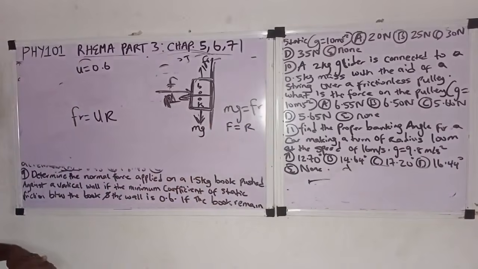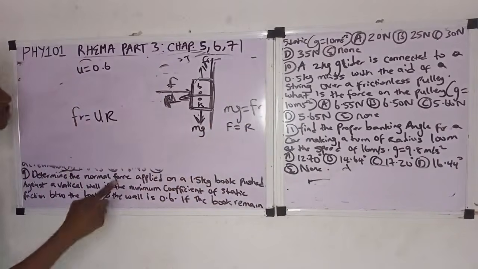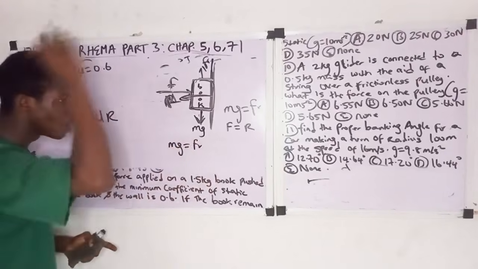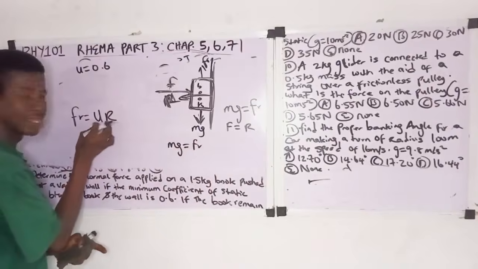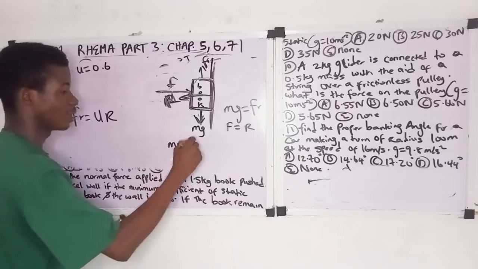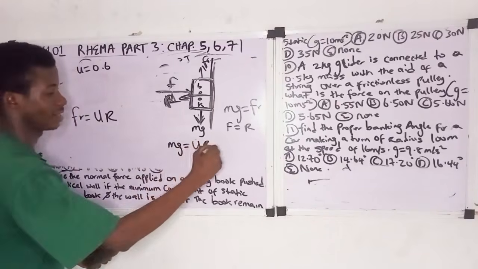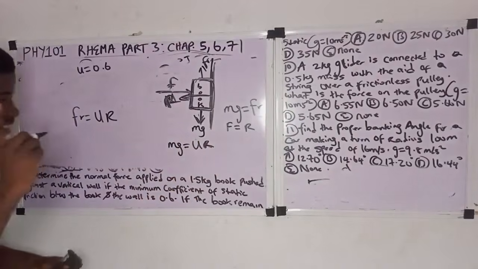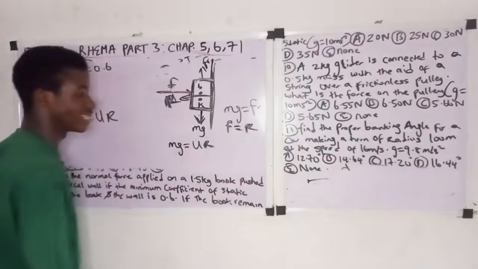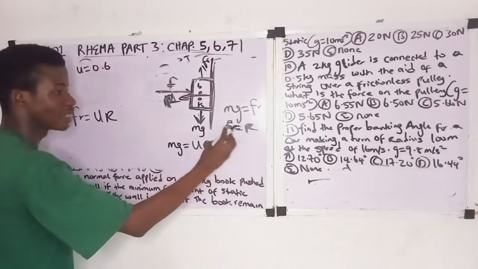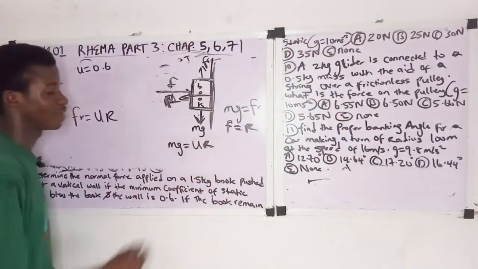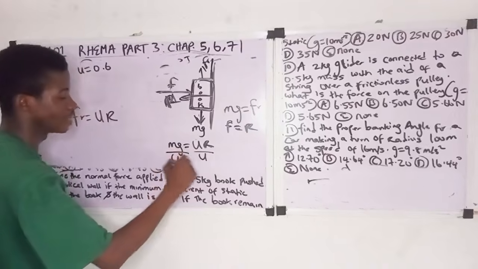So what are we going to do next? Remember, look at it. Weight, which is mg, is equal to Fr. But we all know that Fr is mu R, so in place of Fr we put mu R. Then don't forget that this normal horizontal force is equal to R. So let's make R the subject of the formula. Dividing both sides by mu, this one will cancel, this one will cancel.